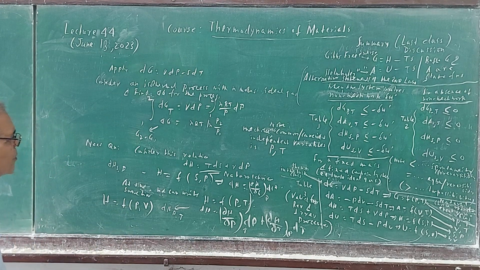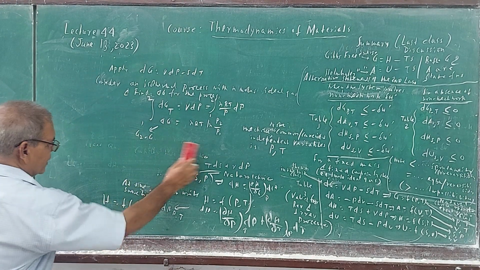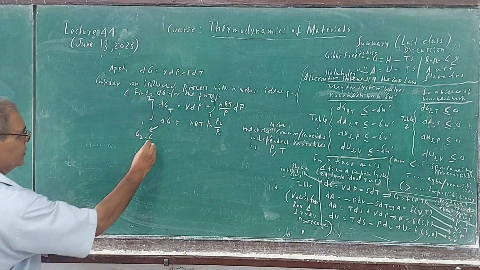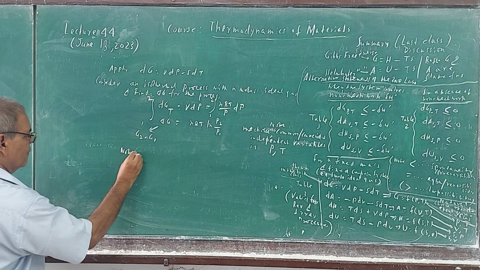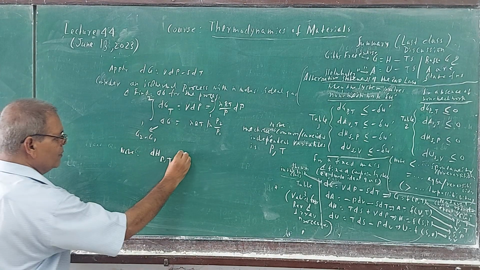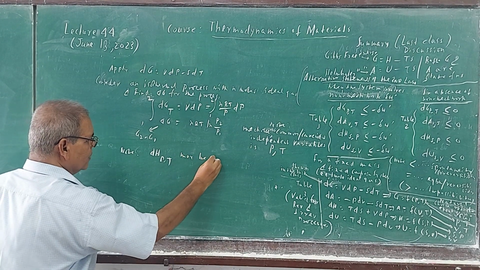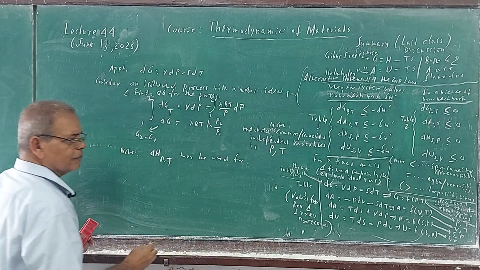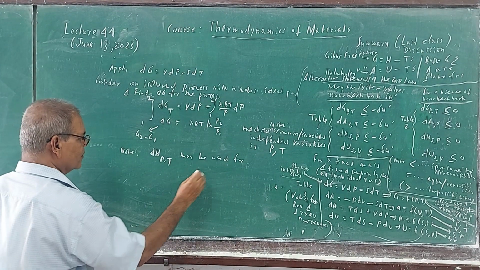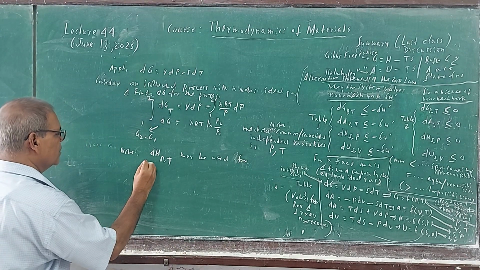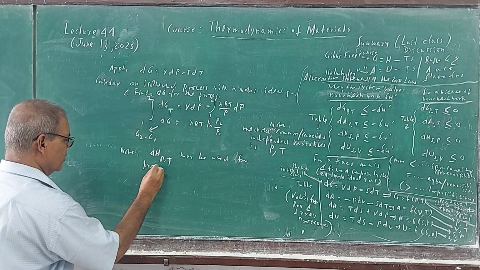Next question. Let us finish this. I have shown many things here. The last point I am writing is important. Note: dH at constant pressure and temperature may be used for processes, and we will often use it.